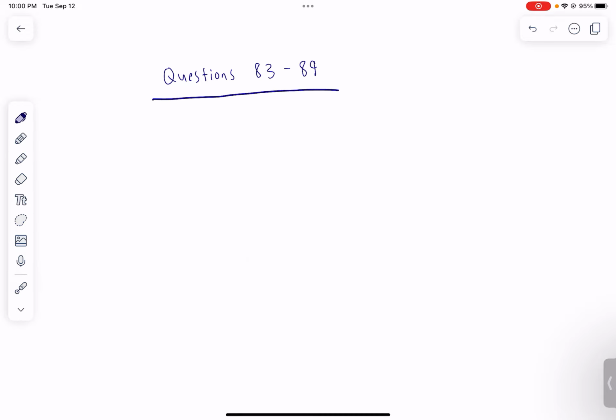If you look at those questions in the homework, they tell you to find the limit as delta x approaches 0 of f of x plus delta x minus f of x over delta x.